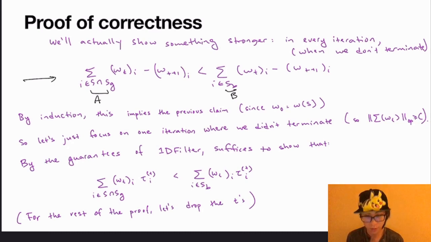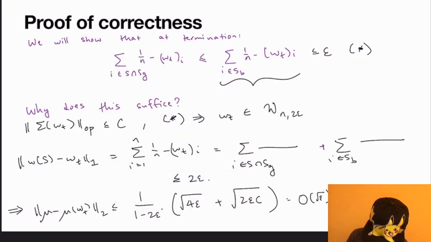And now we just need to show that it continues to hold. In particular, notice that this invariant that we get to inductively assume implies that at this current iteration, Wt has the property that I remove less mass from the good points than the bad points. So let me just say that this inequality star holds at this current iteration.